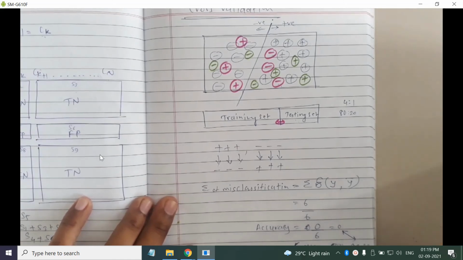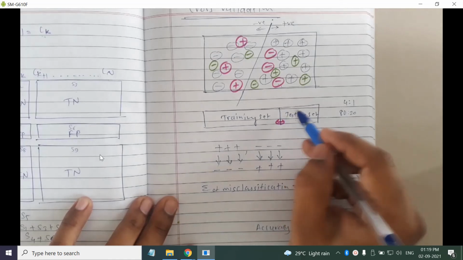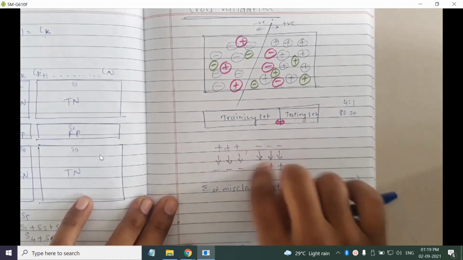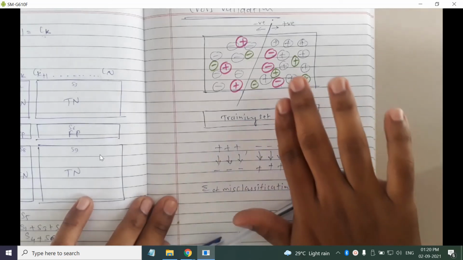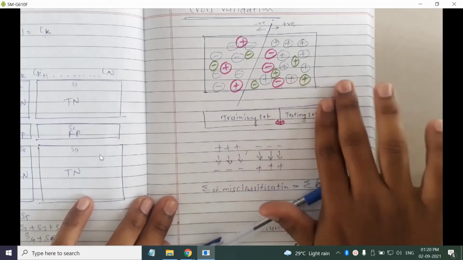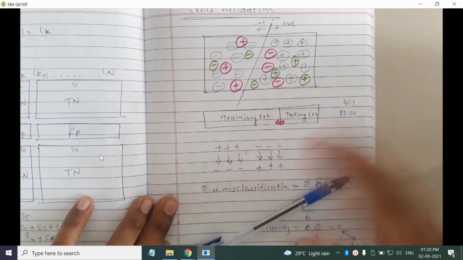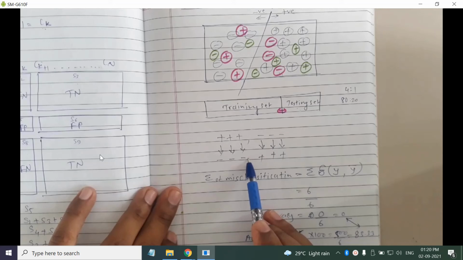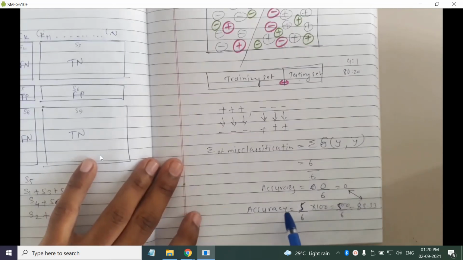The reason behind this is we are not sure about this split. During the training of our model, the testing set is not visible to us, right? It can be anything. It can be the worst case, which was our case 1, or it can be a best case, which was our case 2. Not the best, but near to best, right?